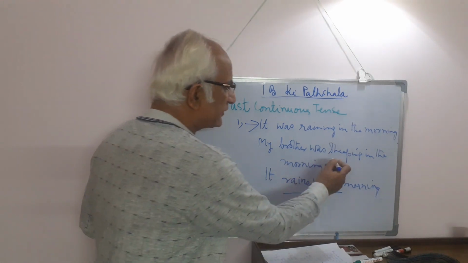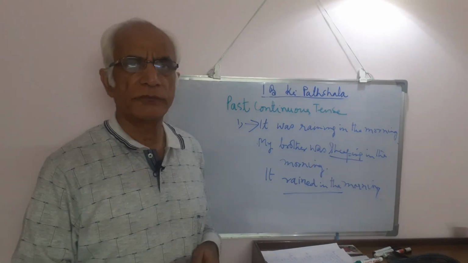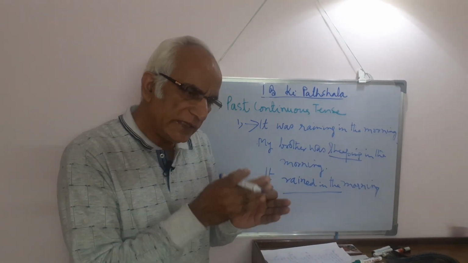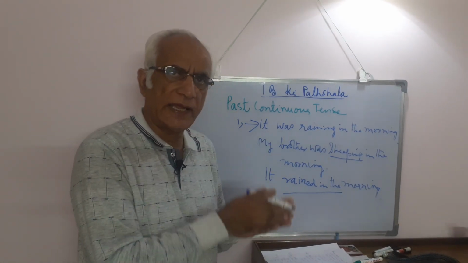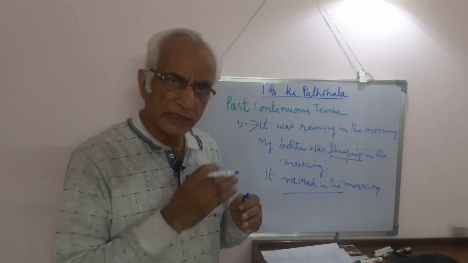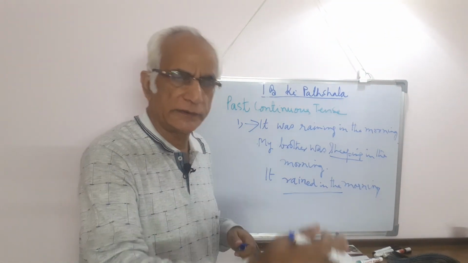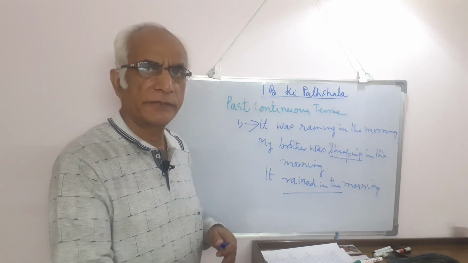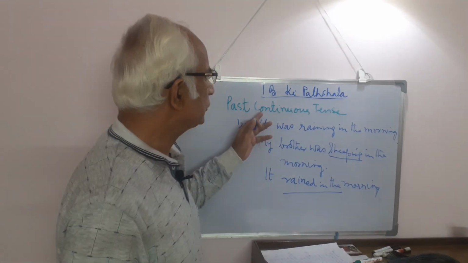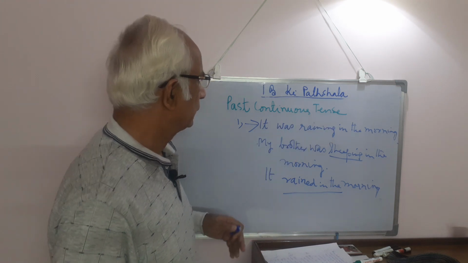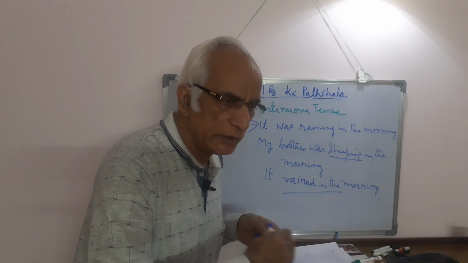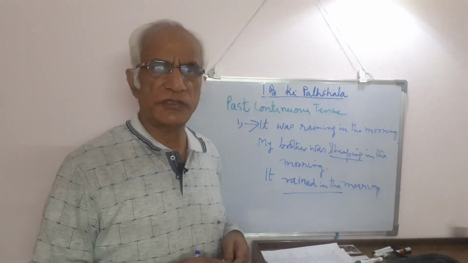My brother was still sleeping when I left home. Here, it has stopped. So when the activity has stopped, the action is over, we use simple past. But if the activity was happening for some time and continued thereafter, then we use past continuous. Okay? So an action which happened in the past and continued for some duration of time.